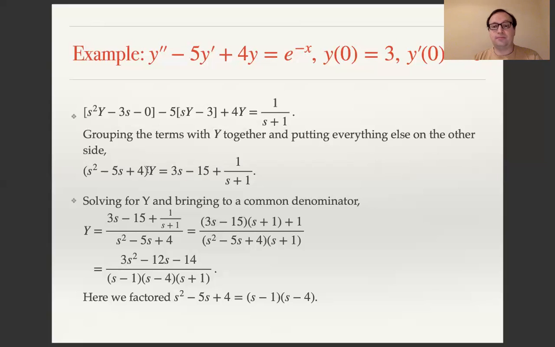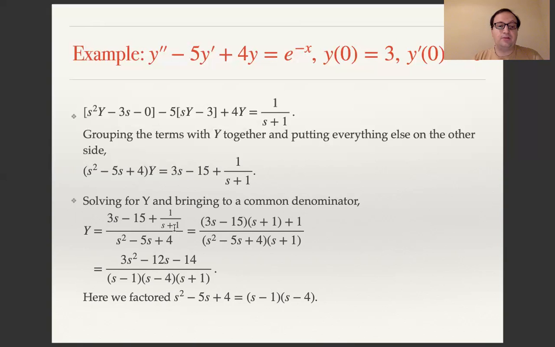So in any case, we have this linear equation, and we have separated the terms that contain Y on one side and the other terms on the other side. So now, solving for capital Y, we get that capital Y is 3s minus 15 plus 1 over s plus 1, over s squared minus 5s plus 4.